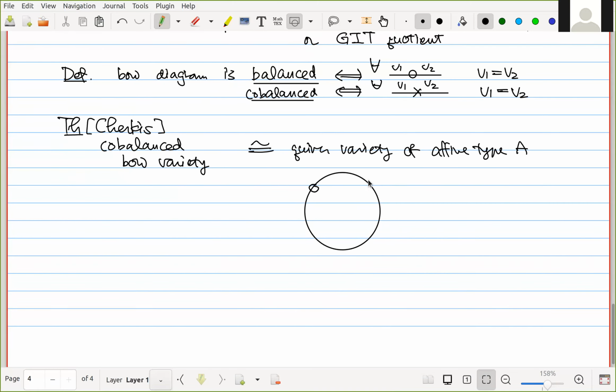This condition is a sort of removal condition, so you can remove one type. Yeah, I will explain now.